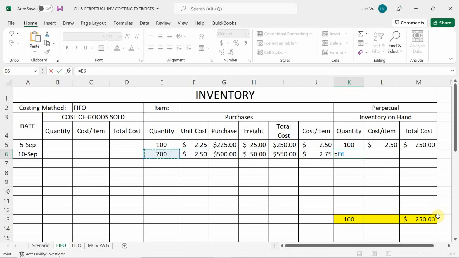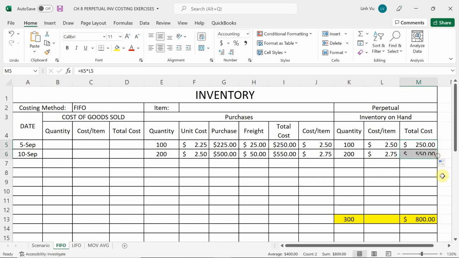Once again, carry that amount into my inventory on hand. So right now, I have a grand total of 300 units available to sell.